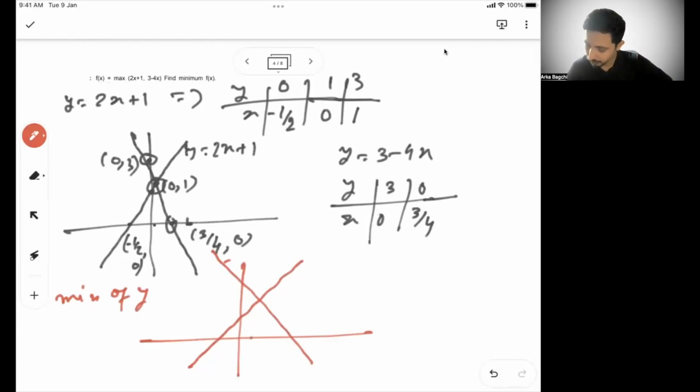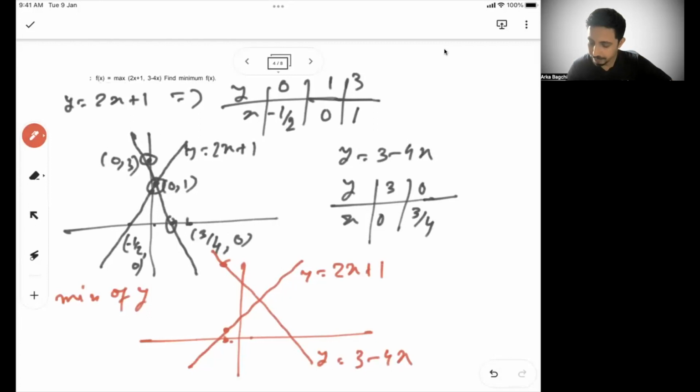See, when you take anything here, let's say you take a point here, the fx is just the maximum of these two. So this is y equal to 2x plus 1, and this is y equal to 3 minus 4x. So if I take x as this point, my 2x plus 1 gives me this point, and my 3 minus 4x gives me this point.